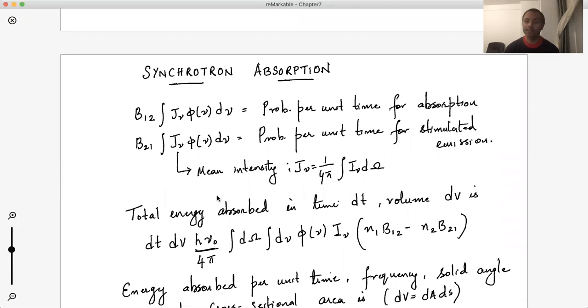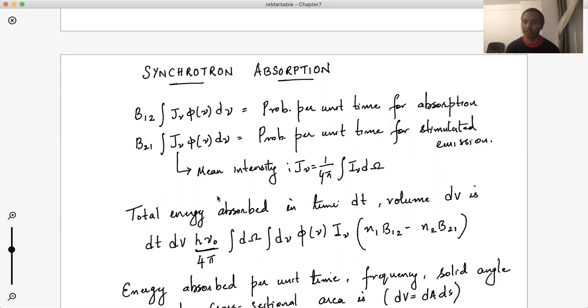So instead of just giving the final expression, I want to go through that derivation, because the technique itself, the formulation, is very generic, and you can use it not just for synchrotron emission. You could also use it for Bremsstrahlung if you didn't have a thermal medium and could not use Kirchhoff's law. That formulation goes through the Einstein coefficients.